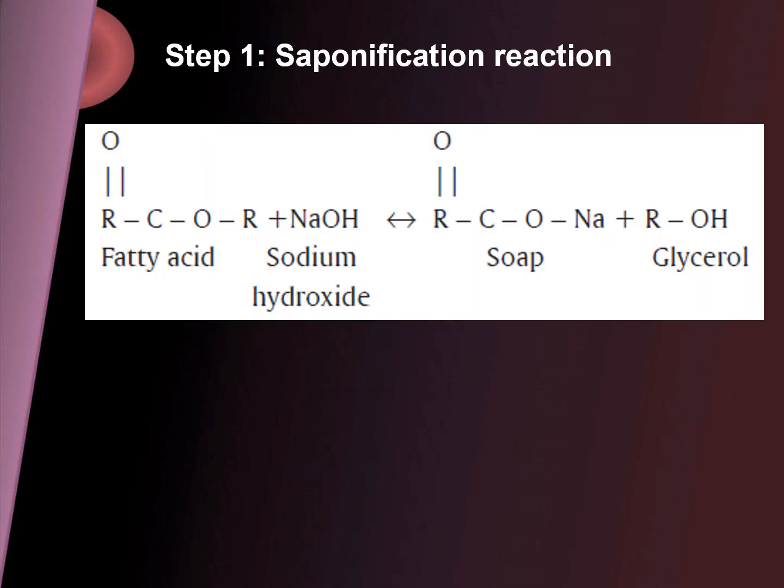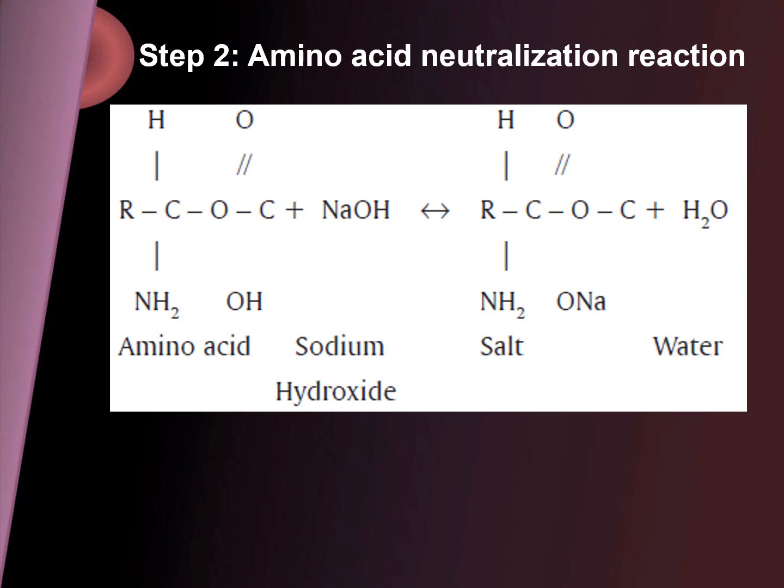In the saponification reaction, sodium hydroxide, formed as a result of hydrolysis of sodium hypochlorite, acts as an organic and fat solvent, degrading fatty acids and transforming them into fatty acid salts, that is soap, and glycerol, that is alcohol, which reduces the surface tension of the solution. In the second step, sodium hydroxide neutralizes amino acids, forming water and salt.